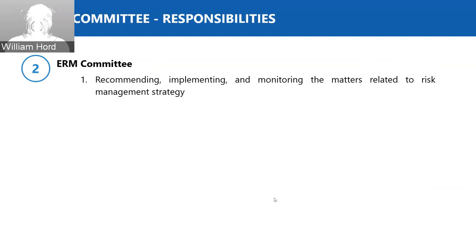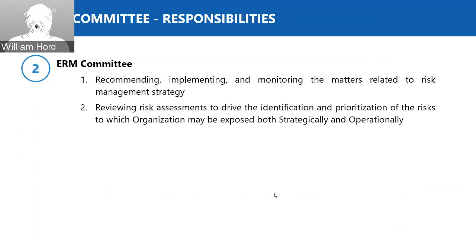Some folks don't have that board level committee, and so it's the information that's coming out of ERM, a management level, that's then being reported to the board. But this is kind of focusing on, and when you look at the management level committee, it really is all matters related. That is bottom up, top down, the overall management of the risk strategy, reviewing risk assessments so that we can identify appropriate risk to strategy.